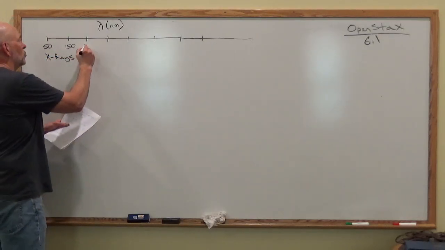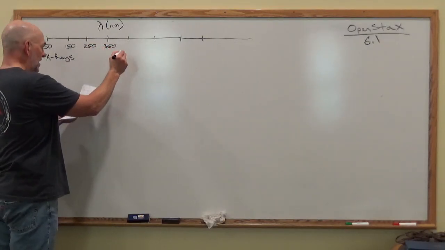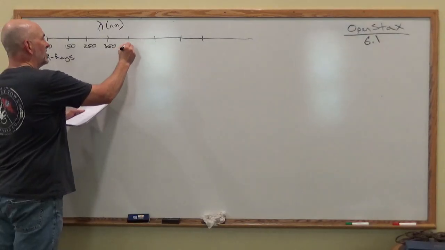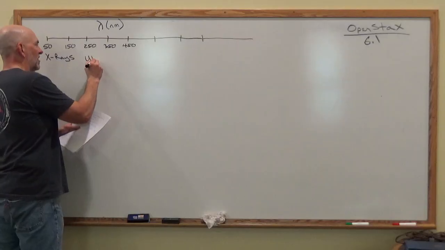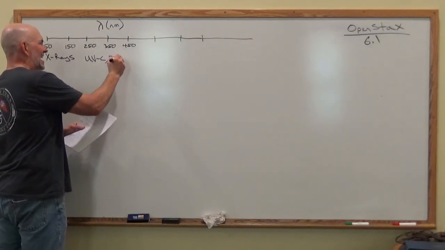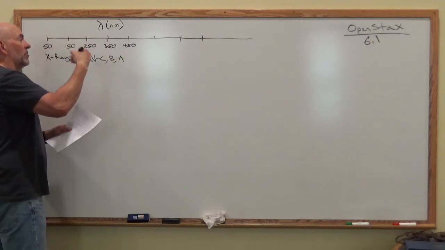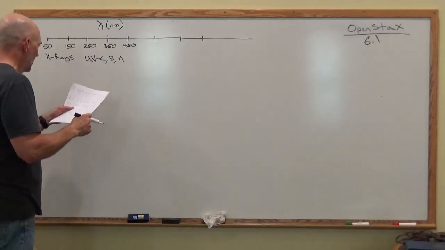Then you get up to about 250, 350, 450. Again, these borders are fuzzy. This is where you get ultraviolet, and it goes from C to B to A. The shorter the wavelength, the higher the frequency, the more dangerous, if you will, to biological life.